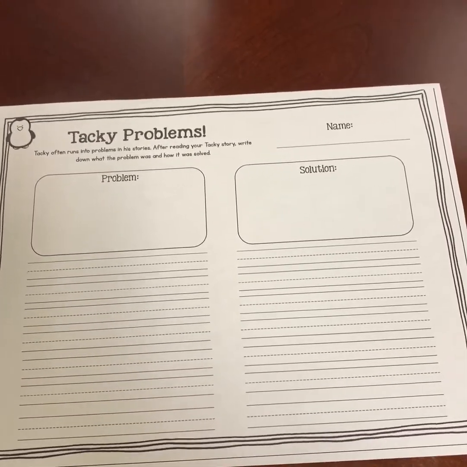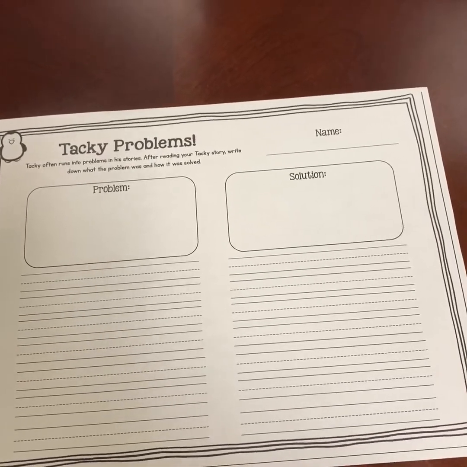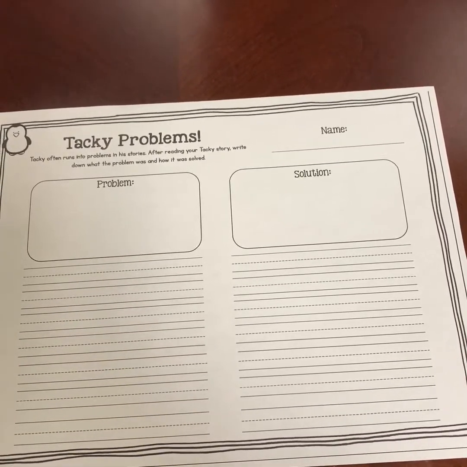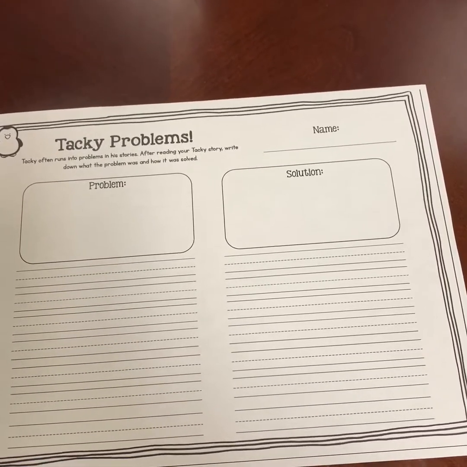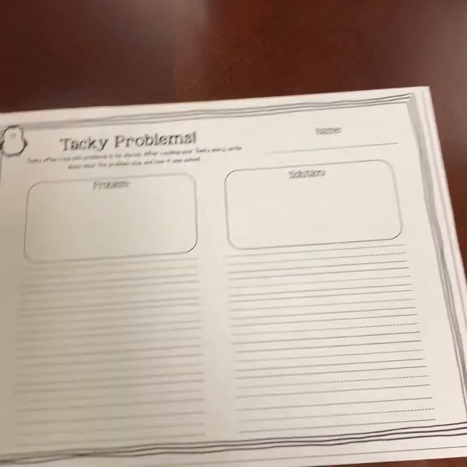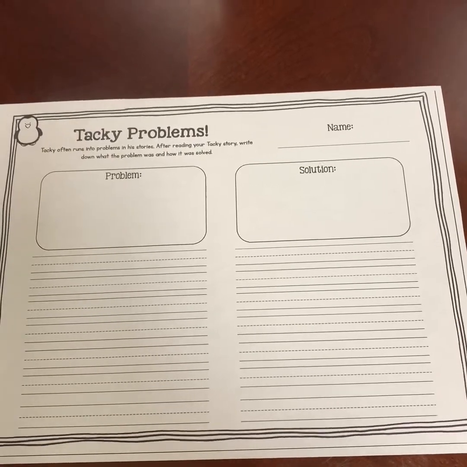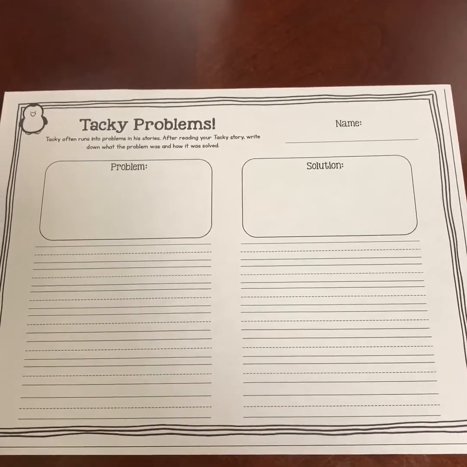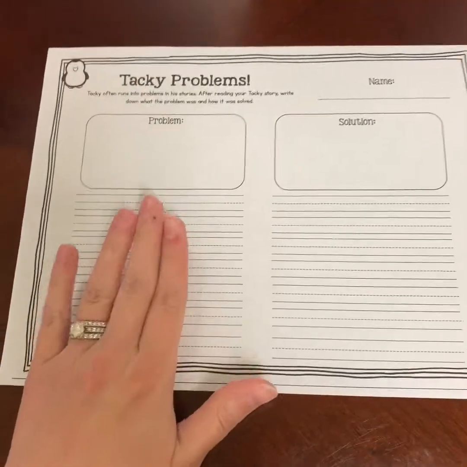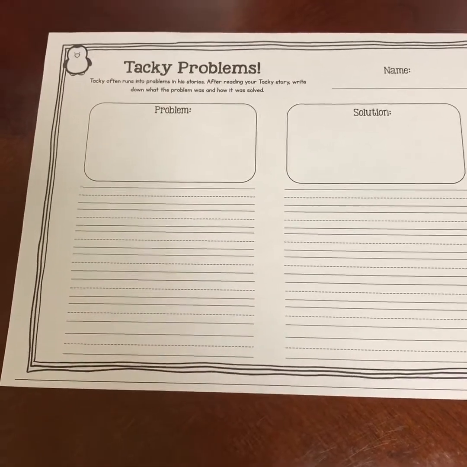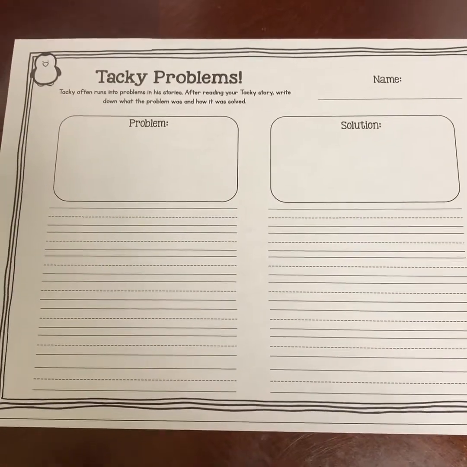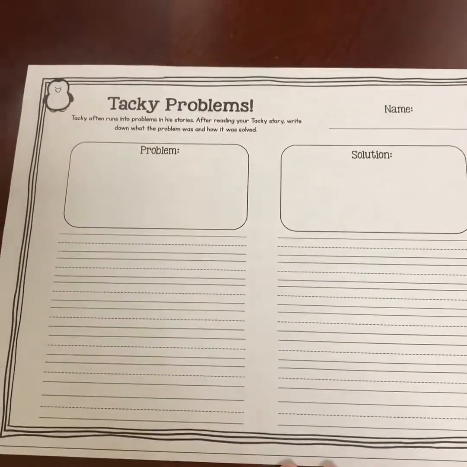Nope, he sure wasn't, right? He was different than his companions, so he did things a little differently, right? And then the hunters came, but Tacky was able to save the day, right? So let's think about what our problem was. What is our problem? I'm going to give you a little bit of time to think about that.